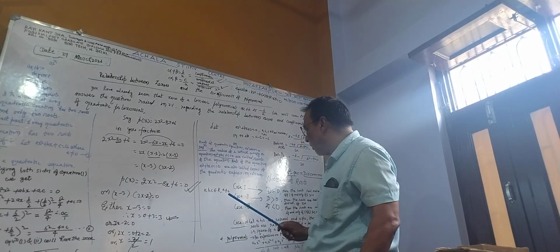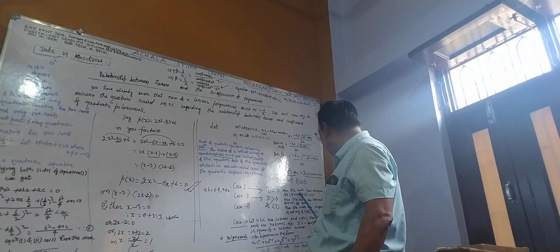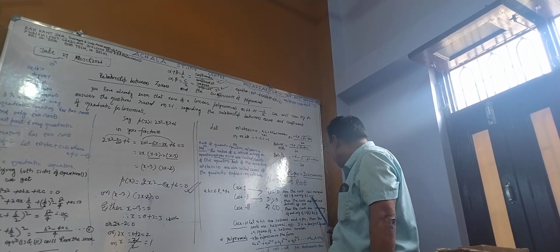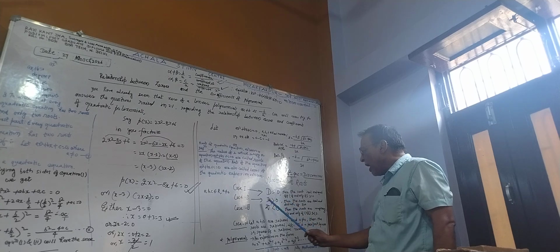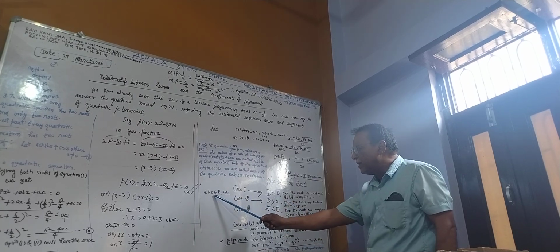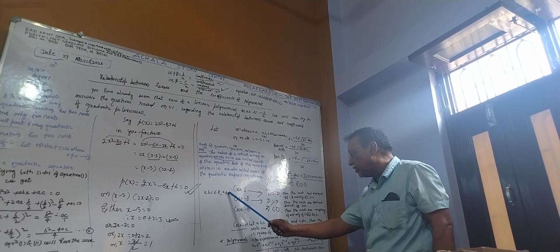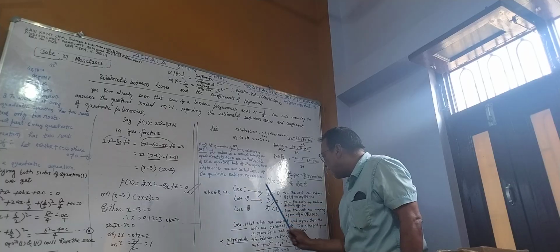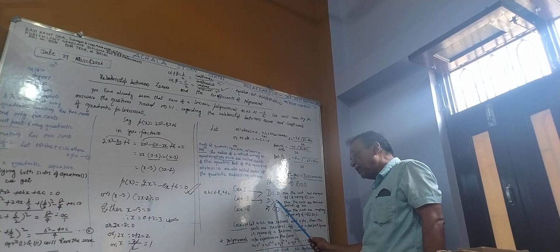There are three cases possible. Case 1: if D is equal to 0, then the roots are real and equal, if and only if D is equal to 0. Case 2: where a, b, c belong to real numbers and a is not equal to 0, if the discriminant D is greater than 0, then the roots are real and distinct, if and only if D is greater than 0.